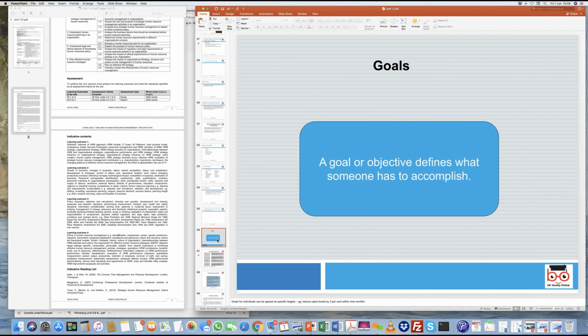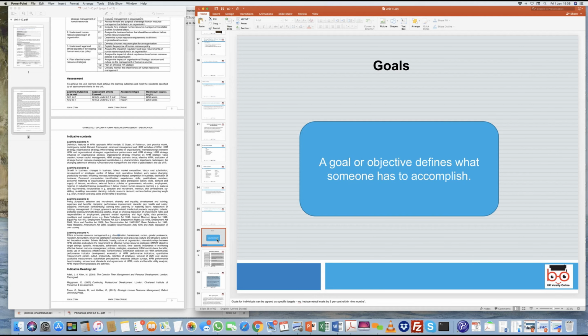So I put together a number of slides to explain those explicitly, in terms of how we look at a goal. Now, one of the key things could be that if the organization's business is not going well, and I'm going to concentrate on the HR side, they would have an overall strategy which the CEO will state: we need to look at a reduction in headcount.